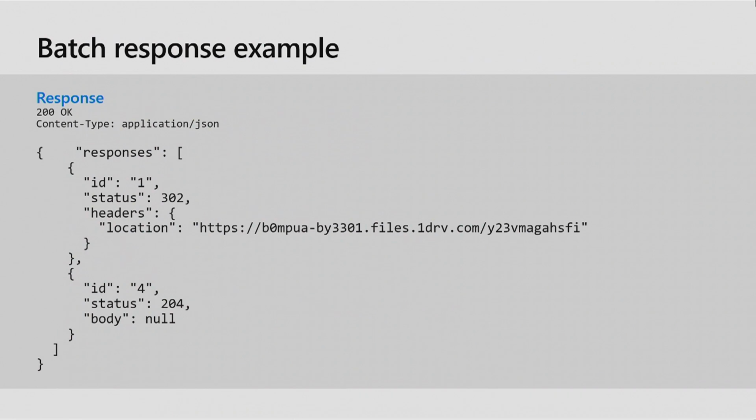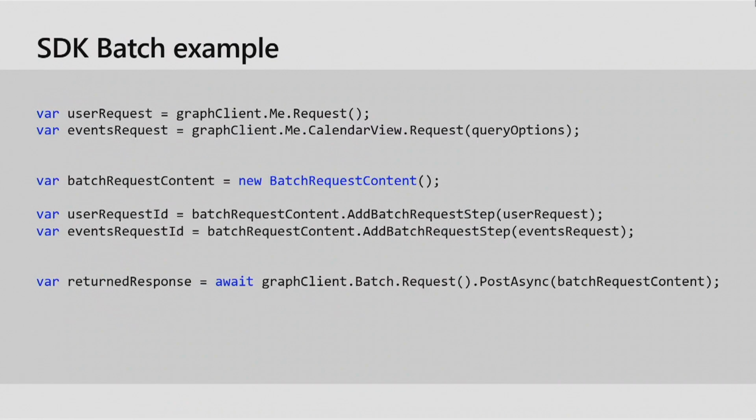So we've decided to make it easier, and we've added capabilities into our SDK. In our SDK example, here we can use our standard mechanism to make a request to get the information about a user, get the information about their calendar, and then create this batch request content object.